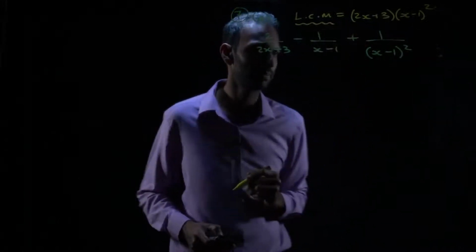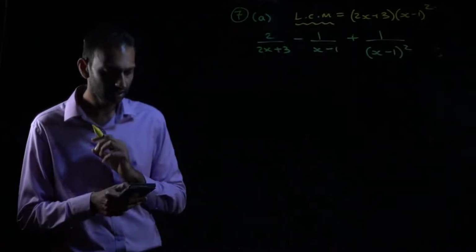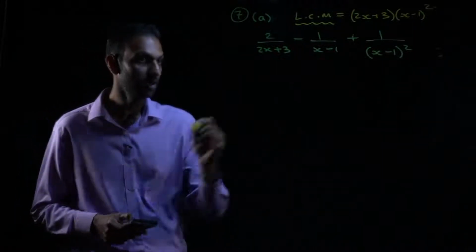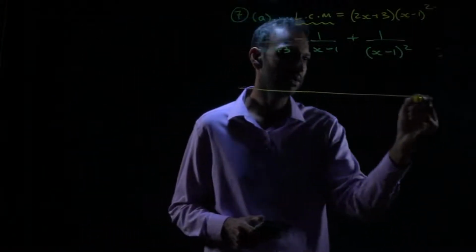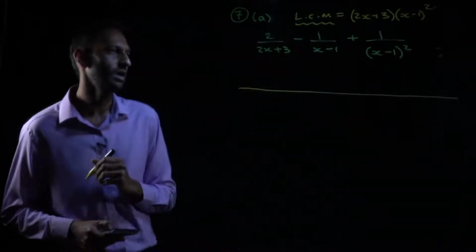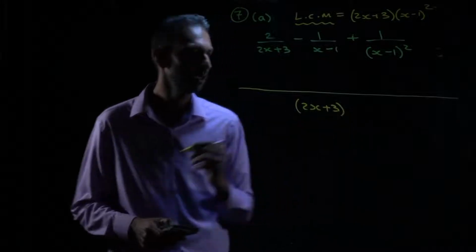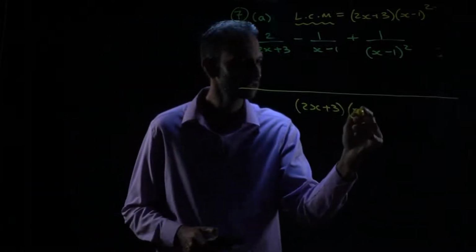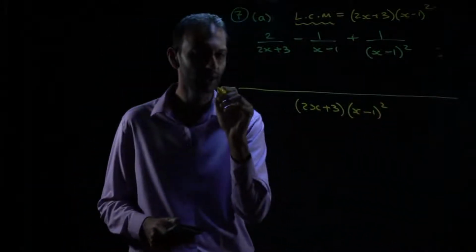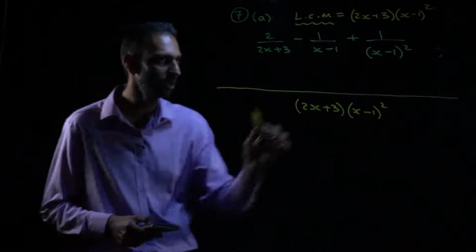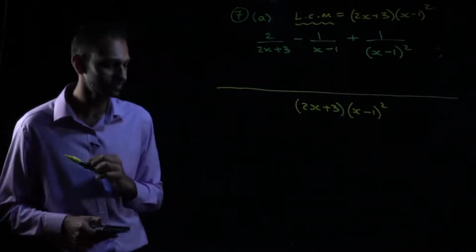That's the first step, to check what the LCM is. Everything should be in a common denominator. The LCM is (2x plus 3)(x minus 1) squared because (x minus 1) squared has the highest power as compared to x minus 1.